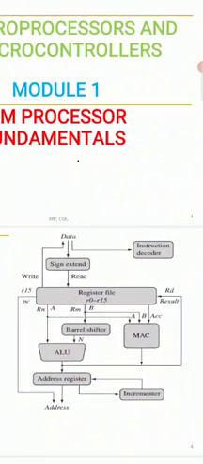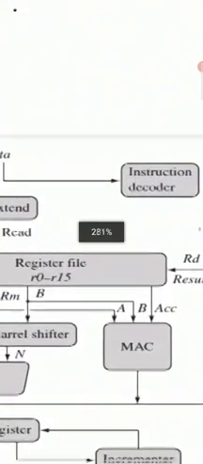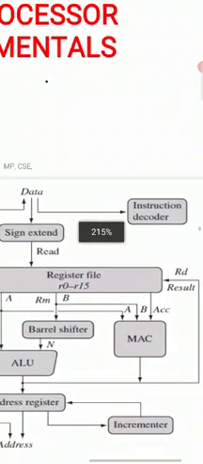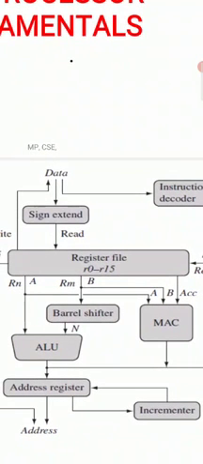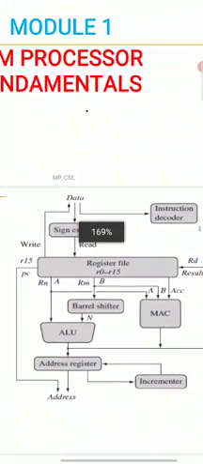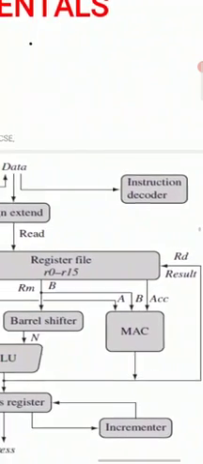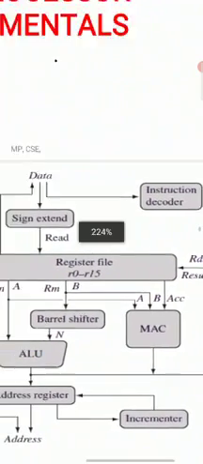Next concept: ALU, the arithmetic logic unit, or MAC, which is the multiply accumulate unit. It takes the values Rn and Rm from the A and B buses and computes the results. Data processing instructions write the result in Rd, directly to the register file.